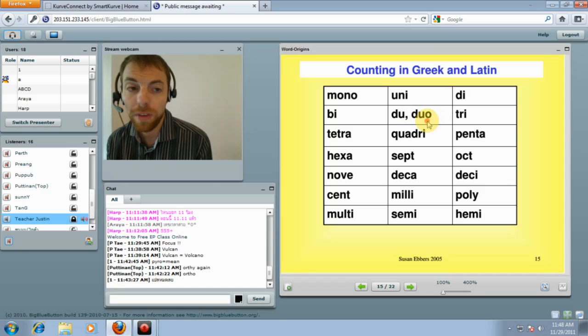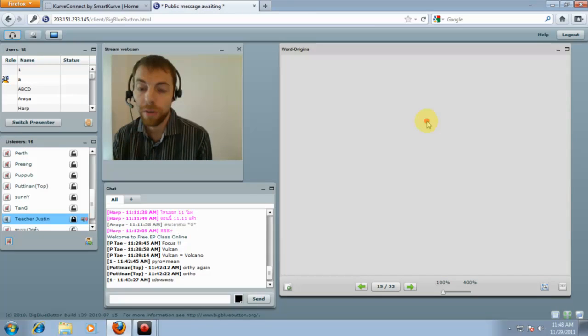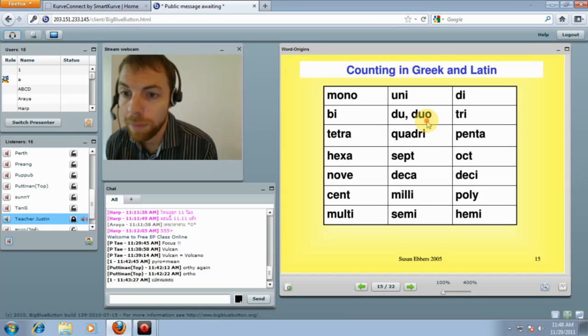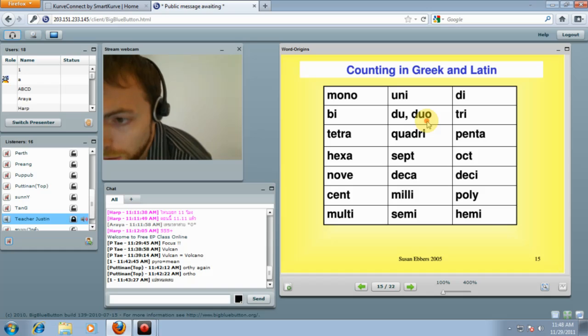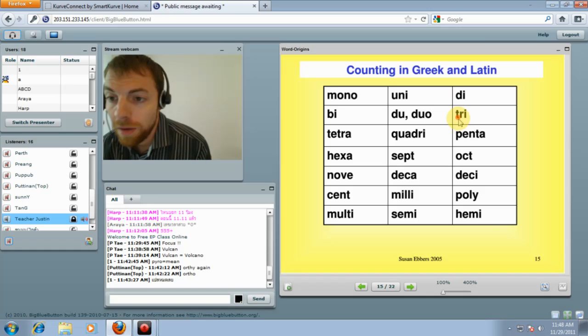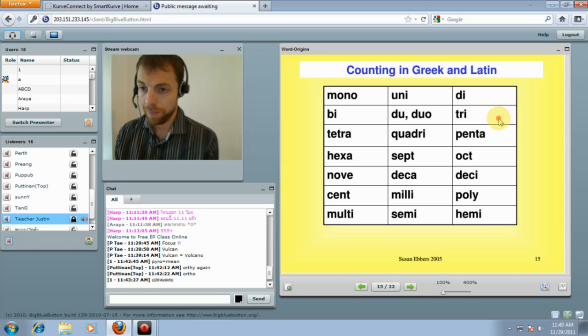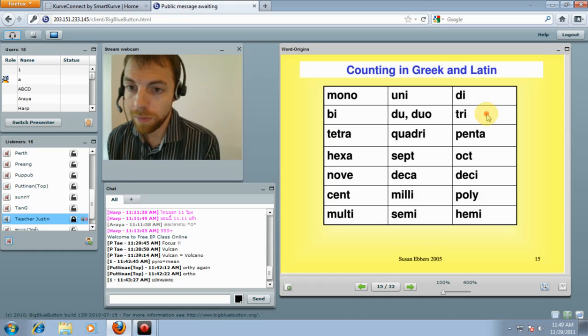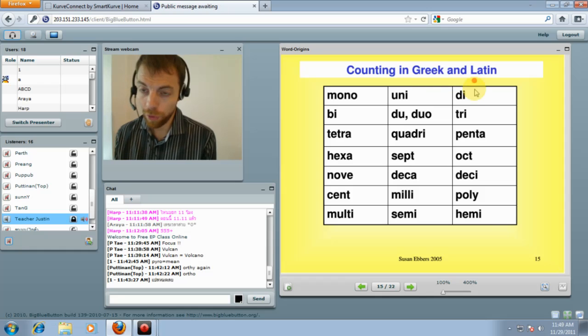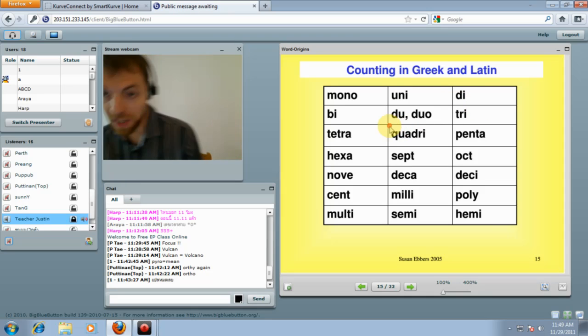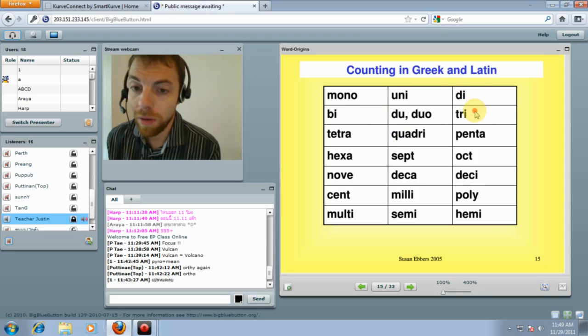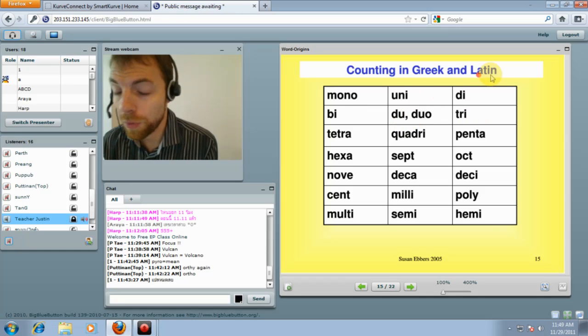So a duo is a pair of people together. And let's see, tri means three. So a tricycle is something with three wheels. Most of these are prefixes. You will find them in the beginning of a word, but these still are coming from the Greek and Latin words.